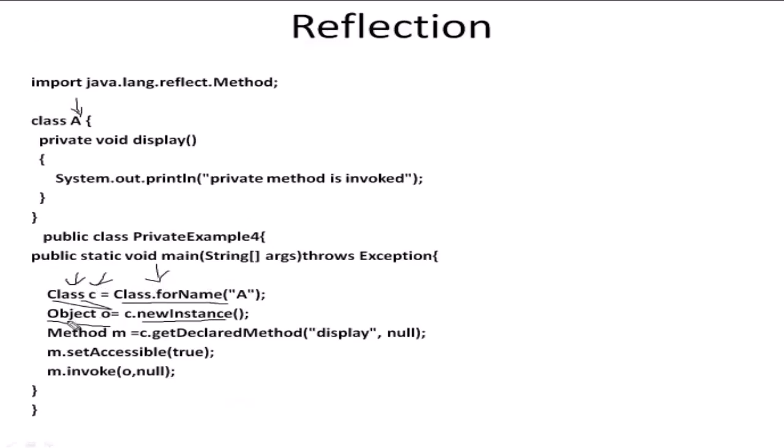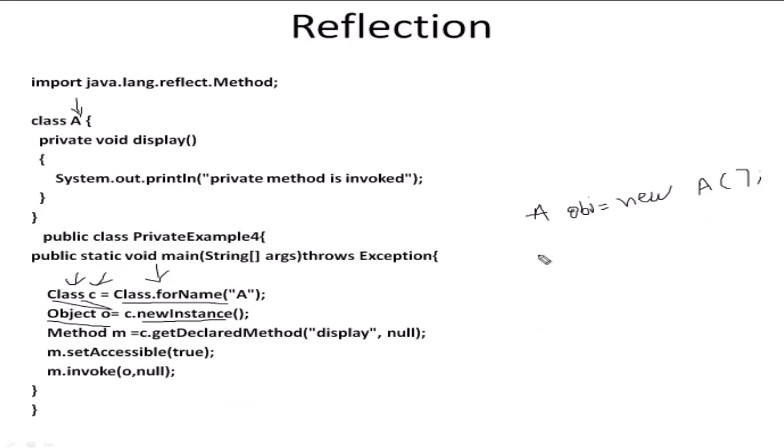Now basically, how are you going to write in order to access class A? The class name is A. Next, you need to create an object for A, equal to new A. Basically, this is the type of program.